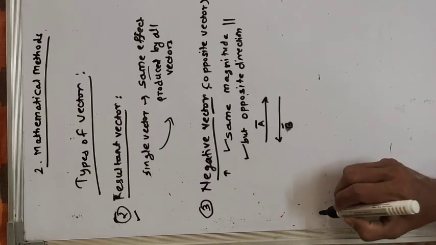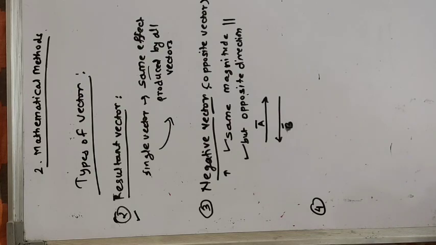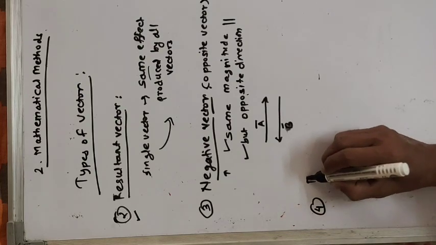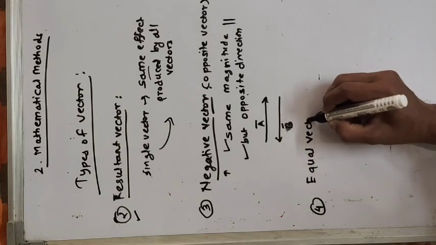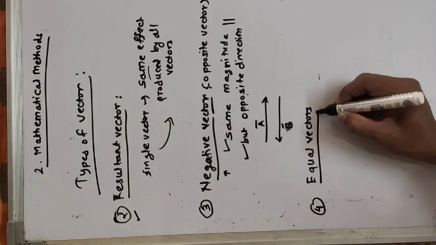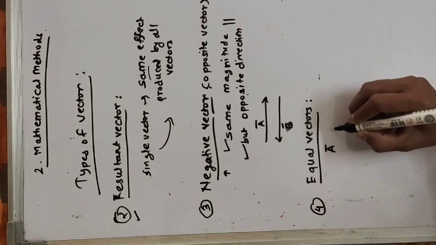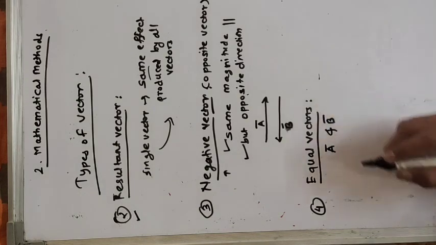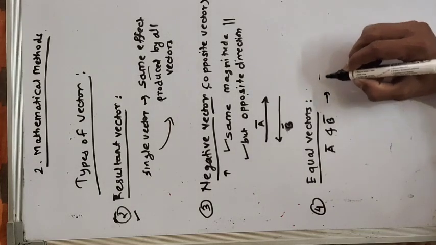Now we are going to the next definition, the fourth definition, that is the equal vectors. Suppose vectors A bar and B bar are two vectors representing the same physical quantity.